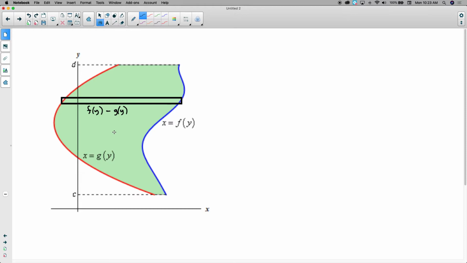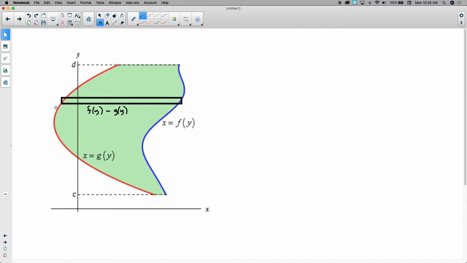These functions are essentially the inverses of the earlier layout, but this is a scenario where you put in a y value, like this y value, and then the function gives you the corresponding x value for f, and the g function gives you the corresponding x value for g.